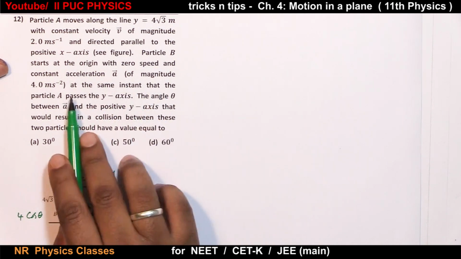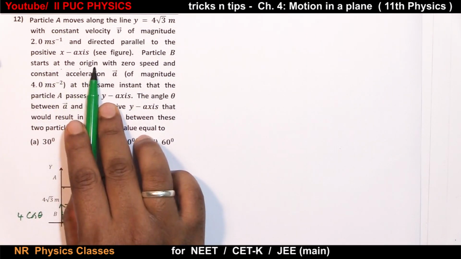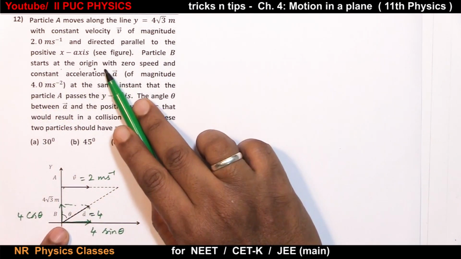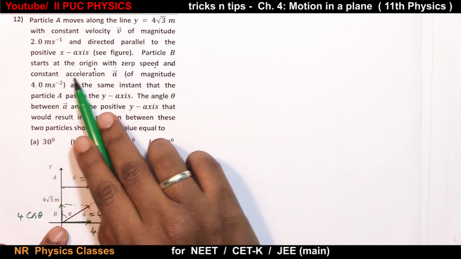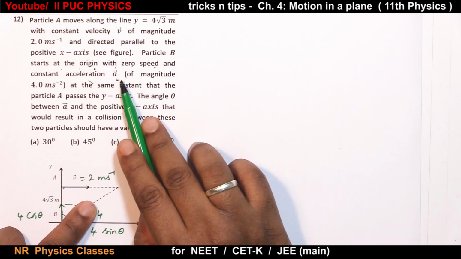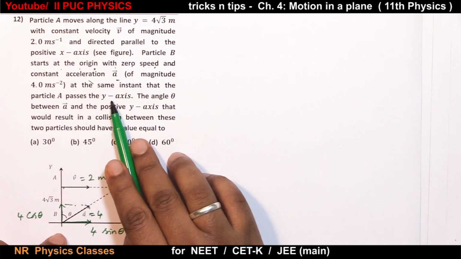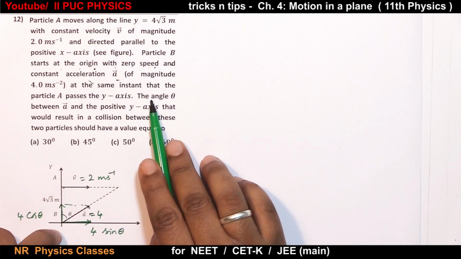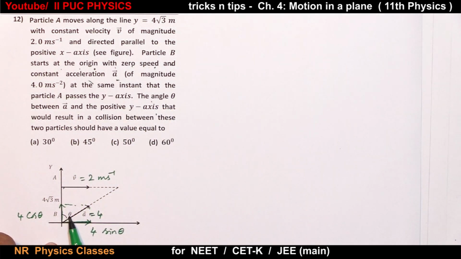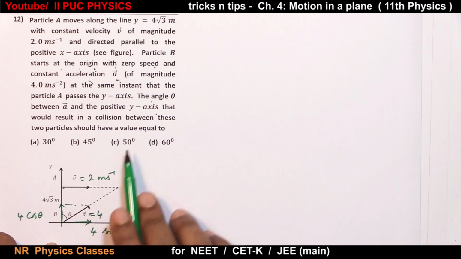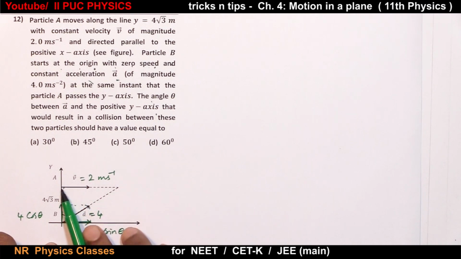At the same instant, particle B starts at the origin with 0 speed. So initial velocity is 0 and constant acceleration a, like this. At the same instant that particle A passes through the x-axis, what should be the angle between A and the y-axis that would result in a collision between these two particles?